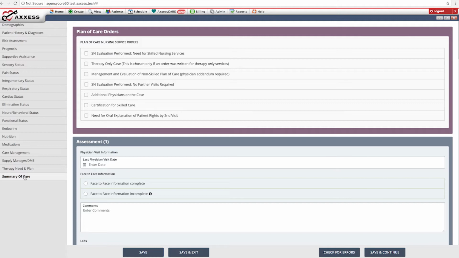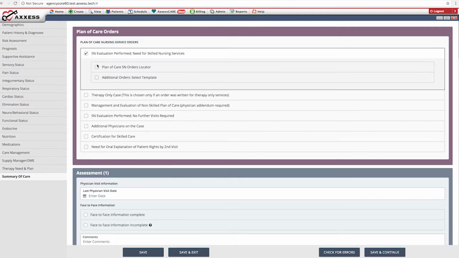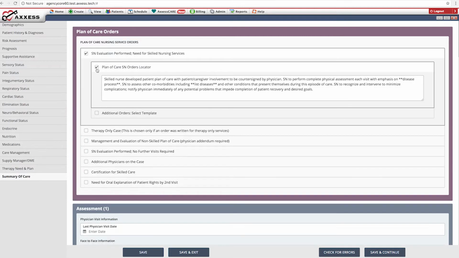So to begin with this first section, there's basically 4 different decisions that a nurse can choose from. Either the patient had a start of care, they had an evaluation actually, and there was a need for skilled nursing services that was identified. So again, it's going to be very important that you indicate what the patient's primary disease process is.